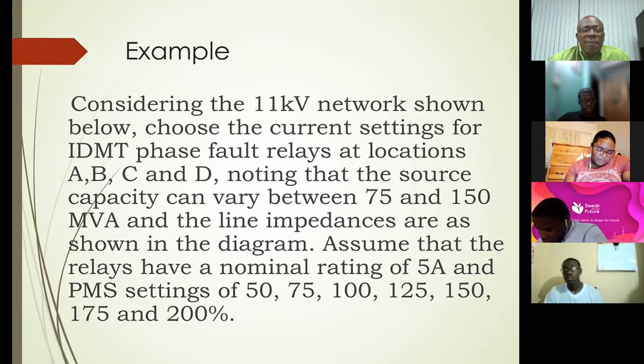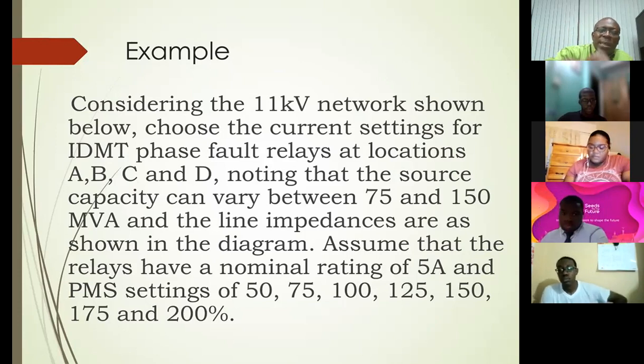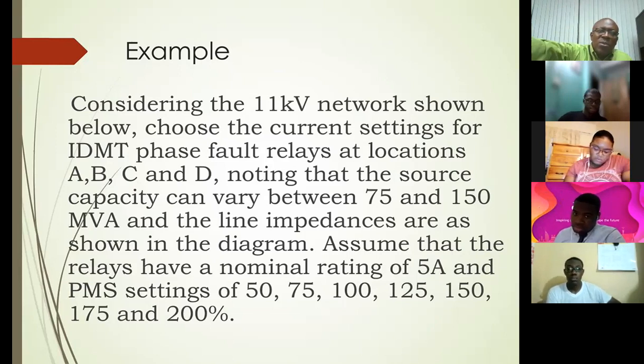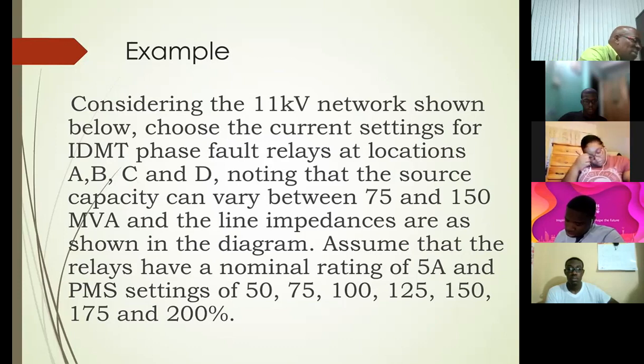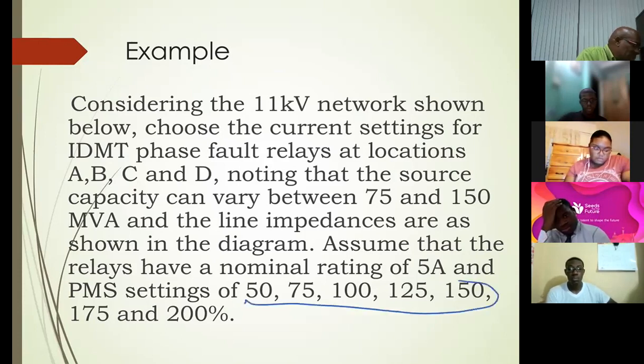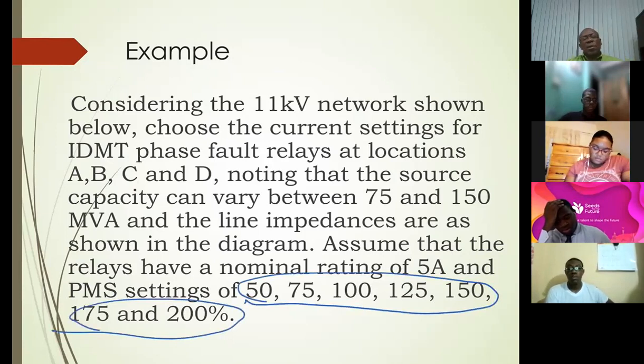And the plug settings, note, in terms of what you have looked at so far with overcurrent relays, where you had tap settings, what you had were current values. Agreed? This time around, what I'm giving you, and it's no different, I'm just giving you percentages. So it will be percentages of the current settings that you have.